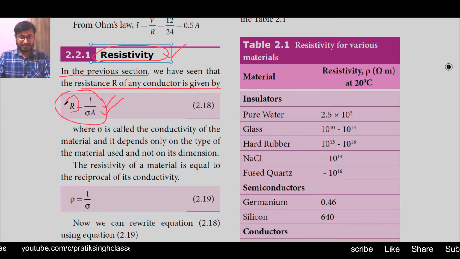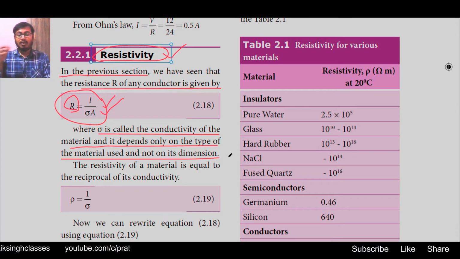R is the resistance, where sigma is called the conductivity of the material, and it depends only on the type of the material used and not on its dimensions. Different types of material will have different values of sigma, called its conductivity. It doesn't depend on the shape, size or cross sectional area of the given material. L is the length of the conductor and A is the cross sectional area.